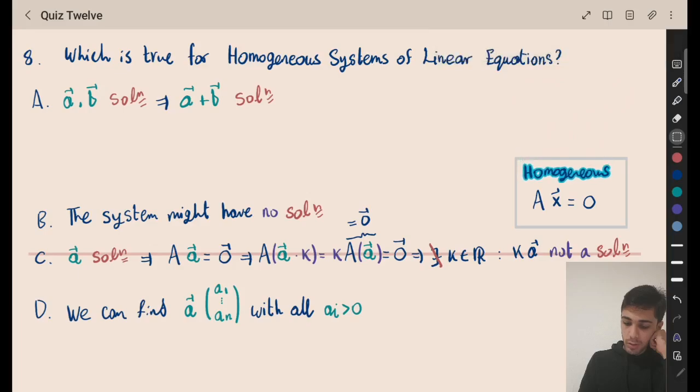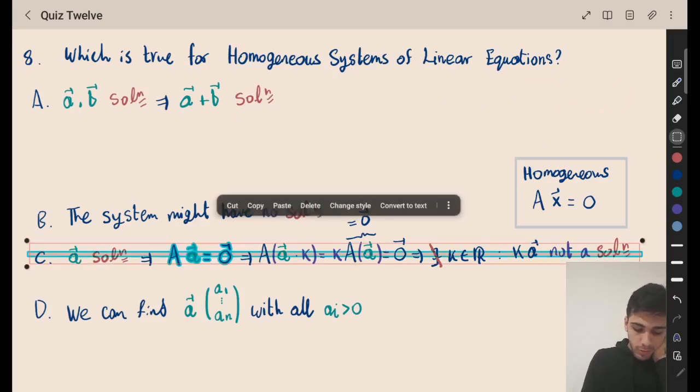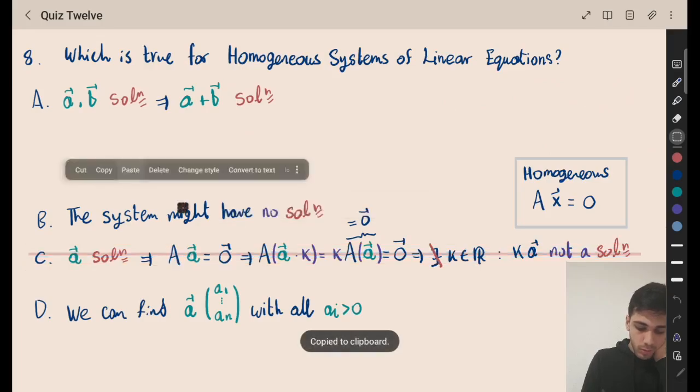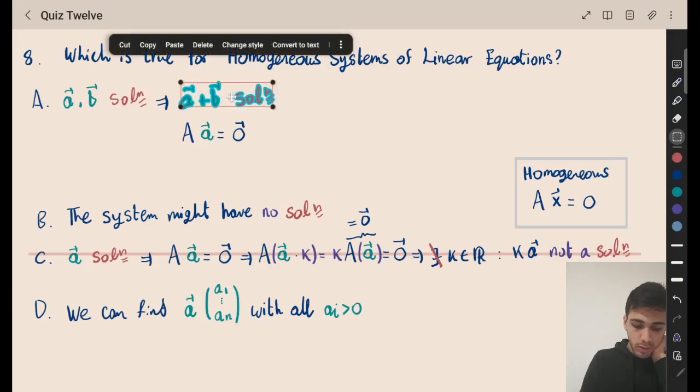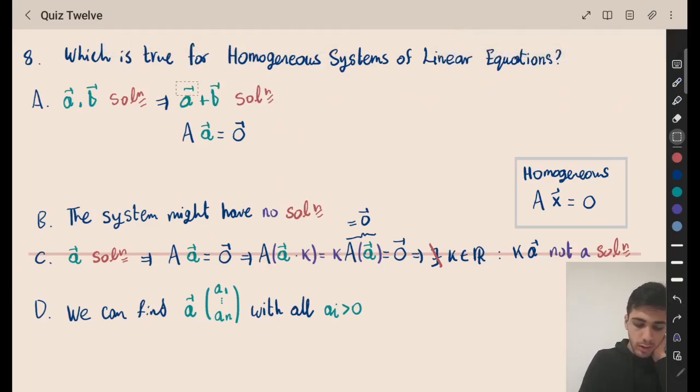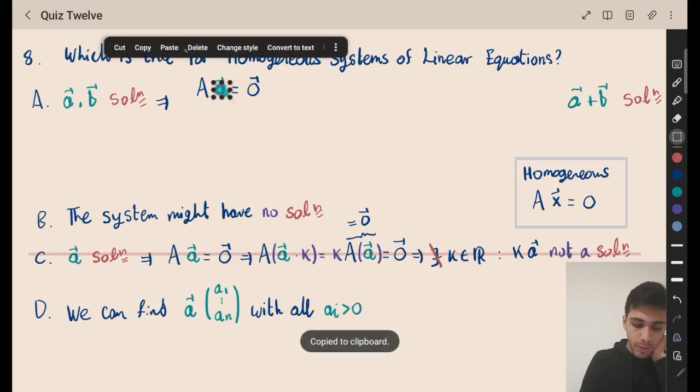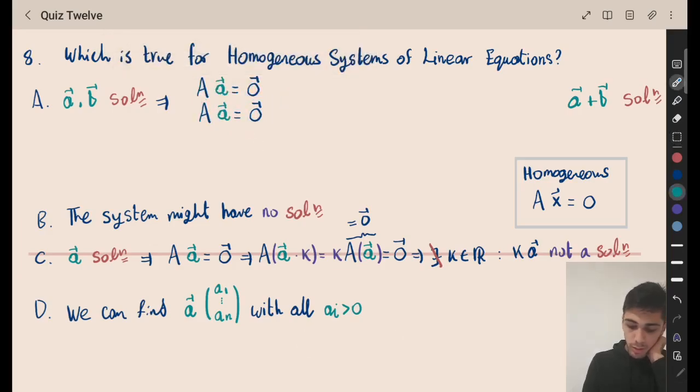It says that if A and B are two solutions in general, then A plus B is a solution. Well, let's see what it means for A to be a solution and for B to be a solution. The direct consequence of A and B being solutions is that if I apply the matrix A to the vector A, I'll get 0. If I apply it to the vector B, I'll also get 0. This is 100% correct. I can confidently vouch for this.